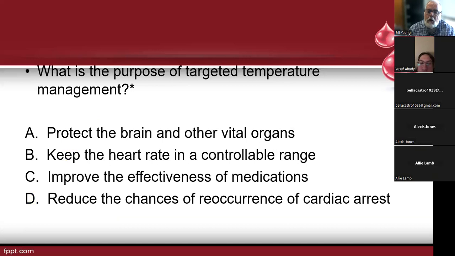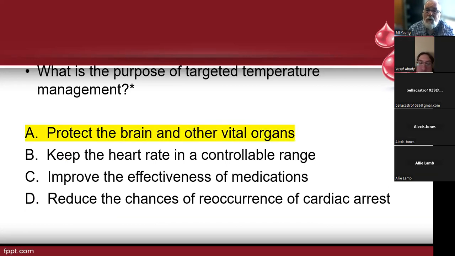What's the purpose of targeted temperature management? A, protect the brain and other vital organs. B, keep the heart in a controllable rate. C, improve the effectiveness of medications. Or D, reduce the chances of reoccurrences of cardiac arrest. Yusef? A. Yeah.